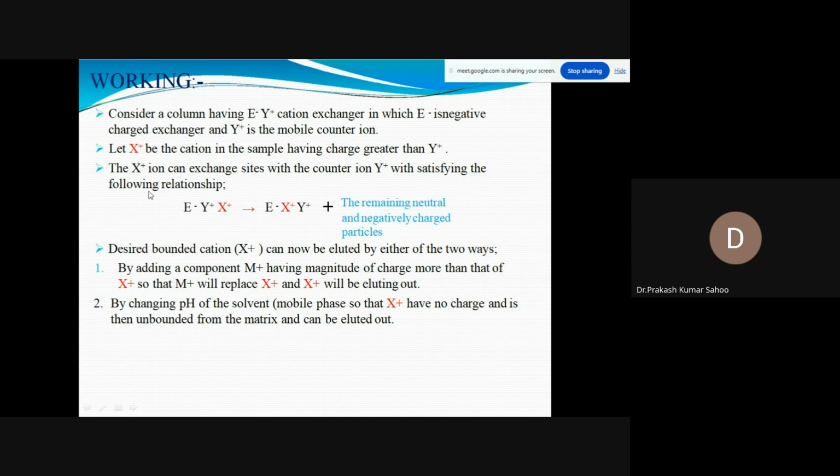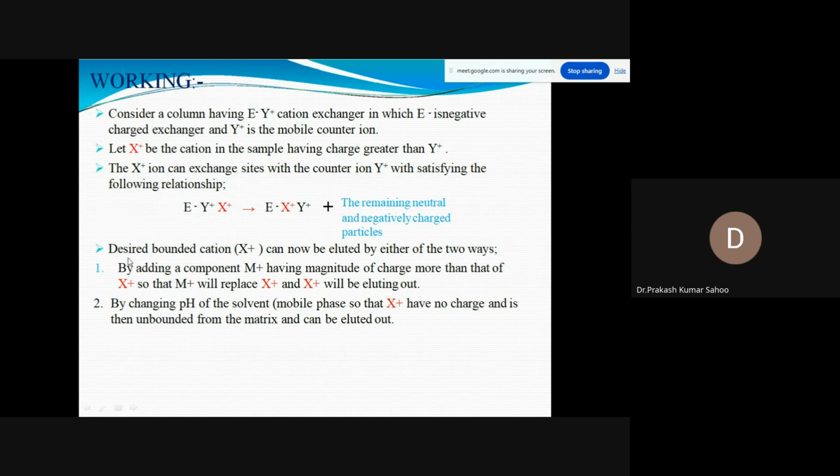Then the X plus ion can exchange site with the counter ion Y plus, satisfying the following relationship. That means the column has the cation exchange composition E minus Y plus, and this X plus is present in the sample having higher positive charge. Then what happens? Now the anion part will attach to this X plus, and Y plus gets detached.